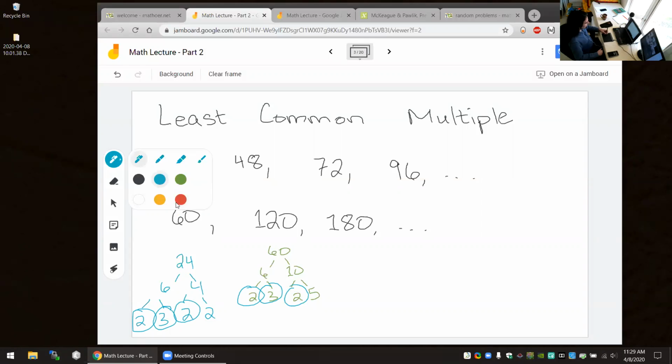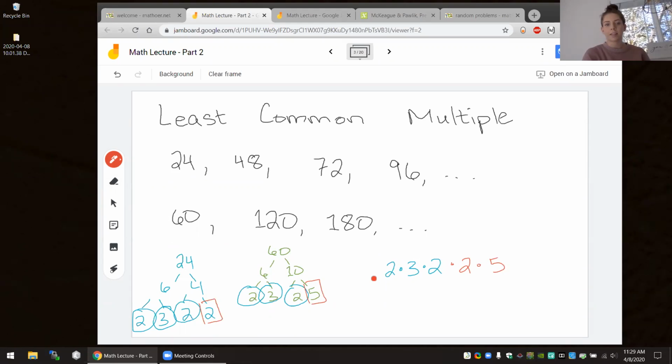And this time, instead of crossing out the ones that don't have a partner, I'm going to flag them with a different symbol, like put a box around them. And then my trick is anything that I circled because they share it, I'm going to keep multiplying those together, just like I did before. But now the ones that have boxes, I have to multiply by those also.